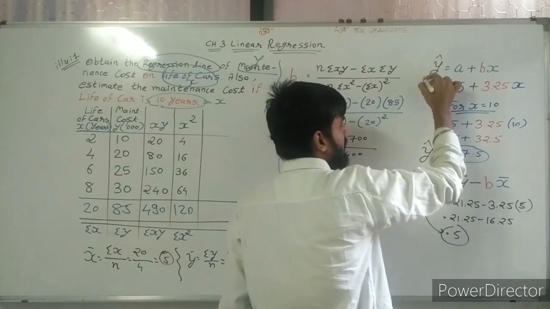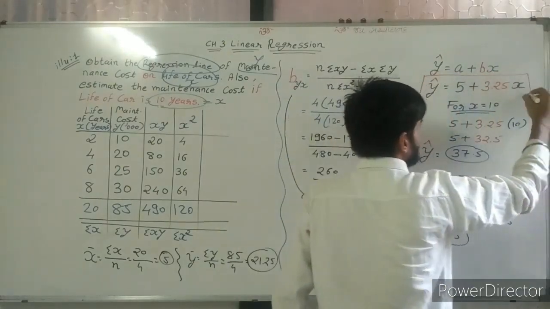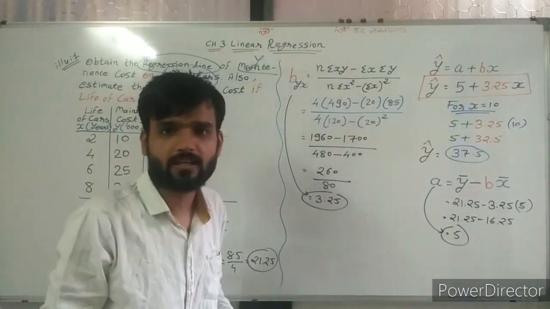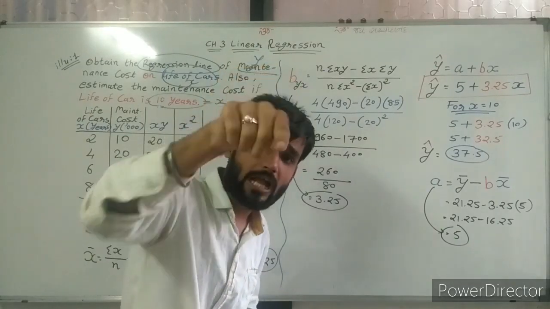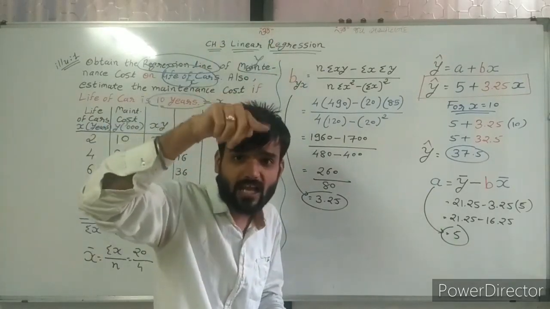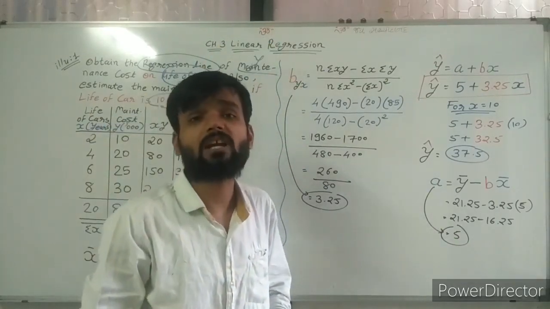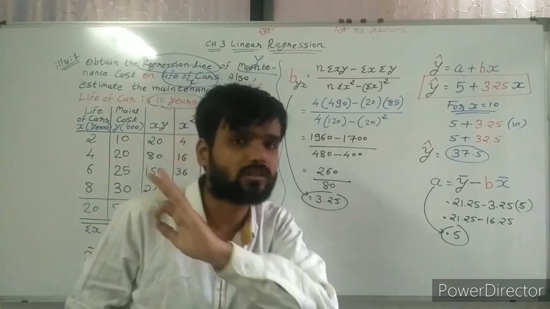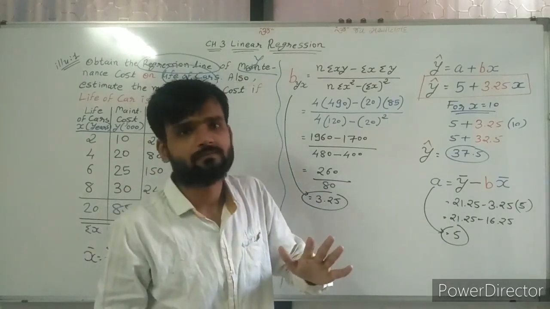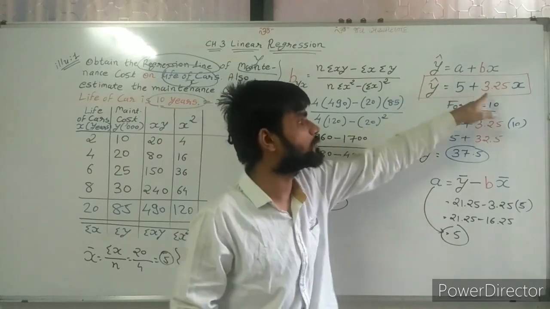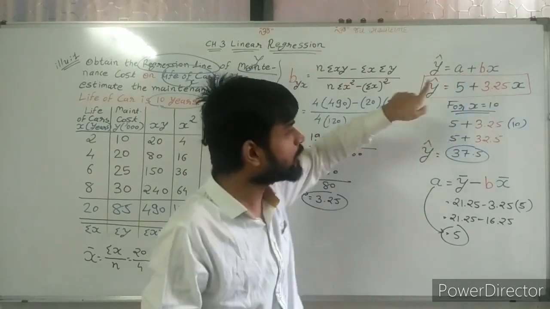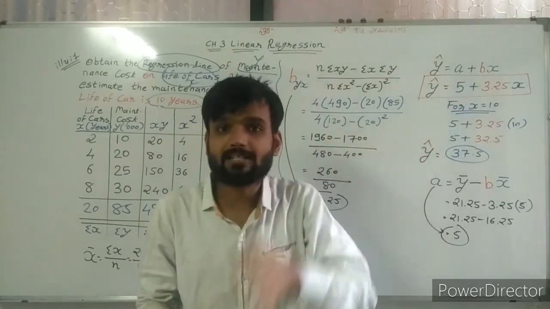Same way here, regression line, y cap is equal to 5 plus 3.25x. And this is my regression line. In that we are writing y cap, nothing else. We cannot write y only because y is the original value.